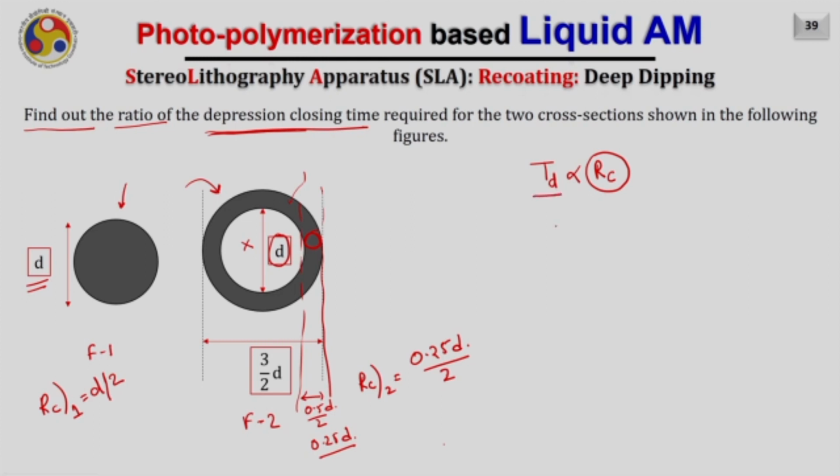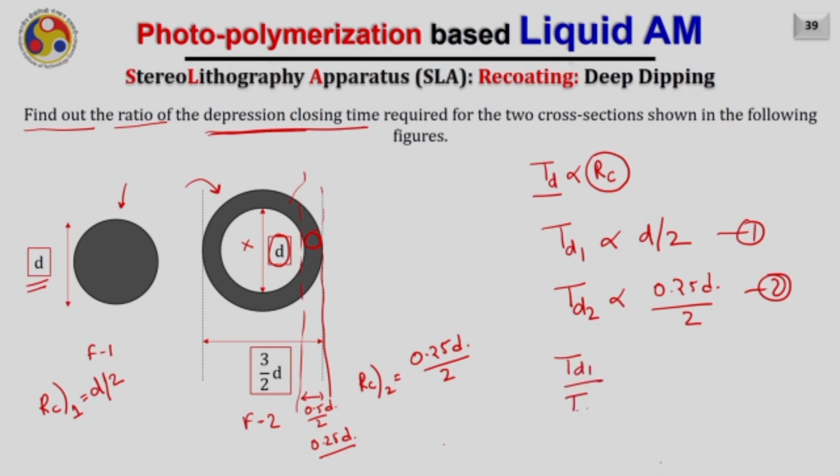Now let us find the time to close the depression. For case 1 it will be proportional to D by 2, and for case 2 it will be proportional to 0.25 D by 2. Now let me take the ratio of equation 1 and equation 2, and you will find TD1 by TD2 is equal to 1 upon 0.25, which is of course equal to 4.